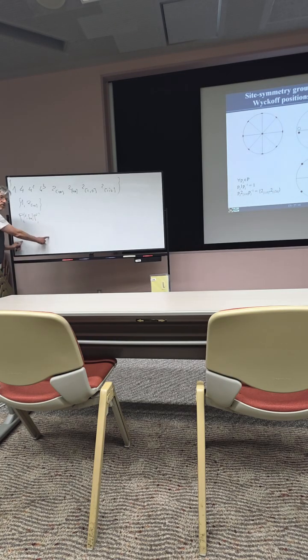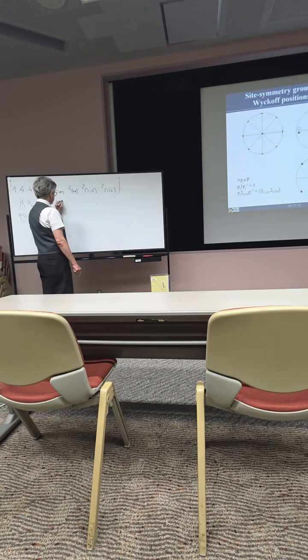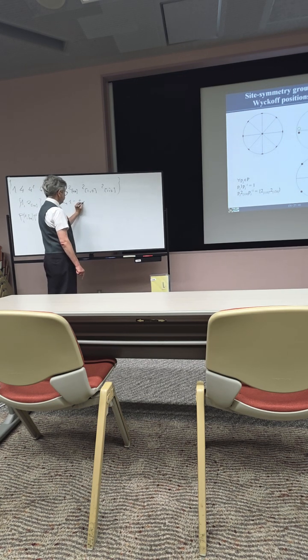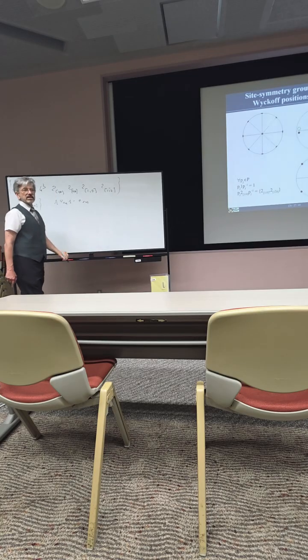Conjugation, taking all the P operations. So I apply this to the identity, and I always get the identity. And I apply this to this. So let's see what happens. 1 conjugated is of course 1, because the identity doesn't do anything.